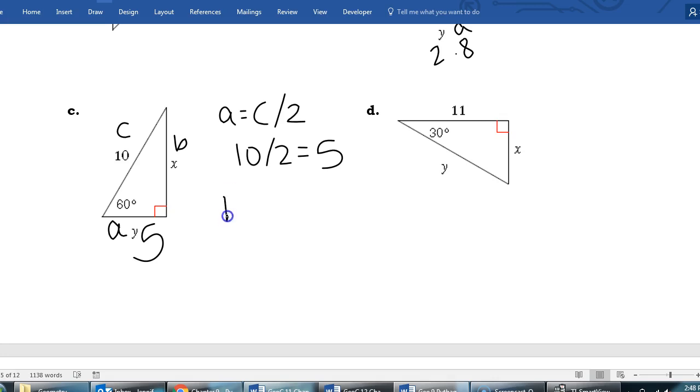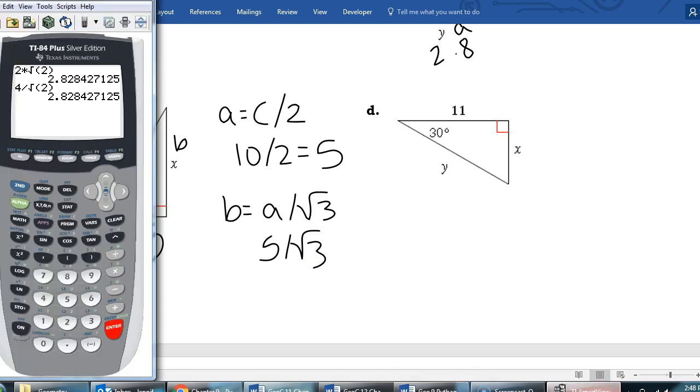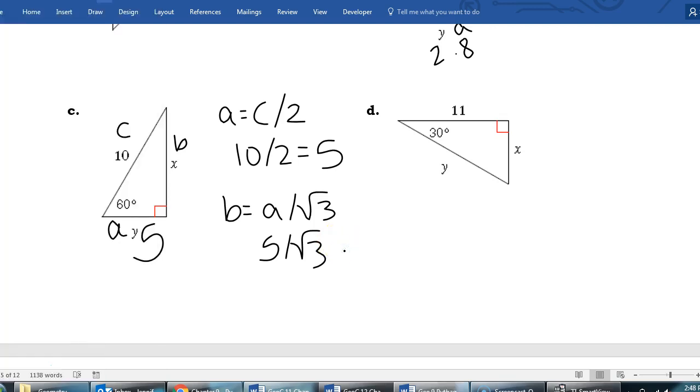To get my B side, I'm going to take my A side and divide it by the square root of 3. So that'll be 5 divided by the square root of 3. And let's go to the calculator for that one. And that comes out as 2.9 if we round that one. That's not right.